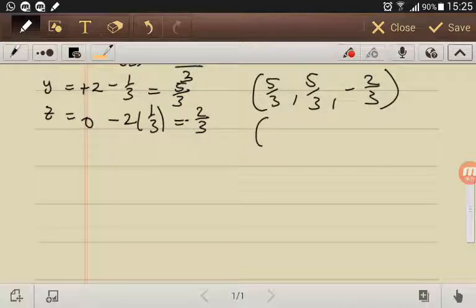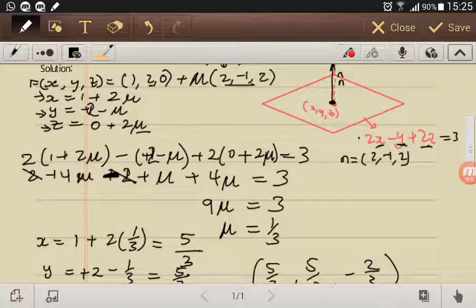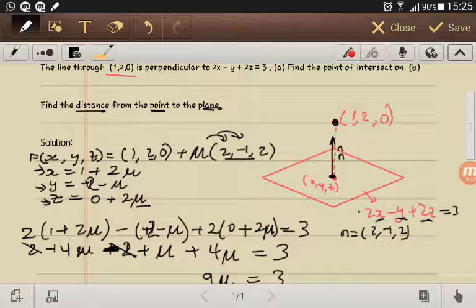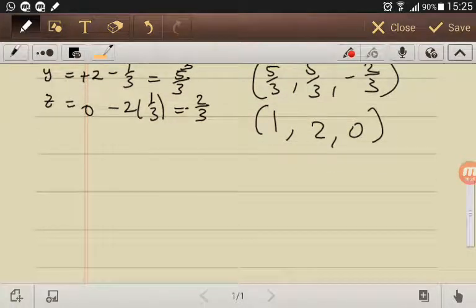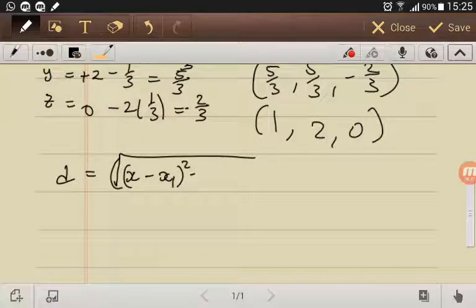The other point is (1, 2, 0), the point that we are given here. So the distance will just be equal to the square root of x minus x1 all squared plus y minus y1 all squared plus z minus z1 all squared.